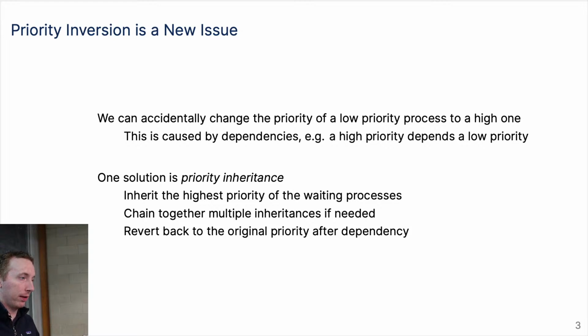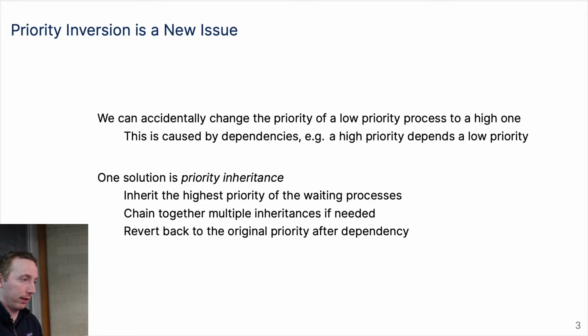Temporarily, if there's a dependency, the low priority process would inherit the high priority process's priority, and that way, when it yields, it could actually schedule the one that's dependent on it, and then it would do its computation and resolve that dependency. Then it can go back down to its original priority after it's done whatever the high priority process is waiting for it to do.